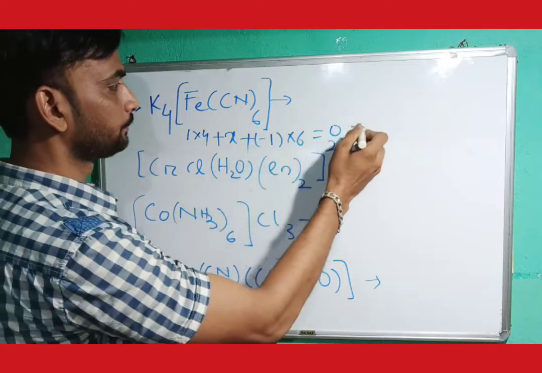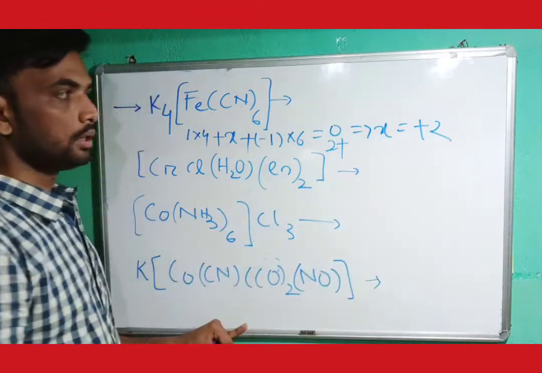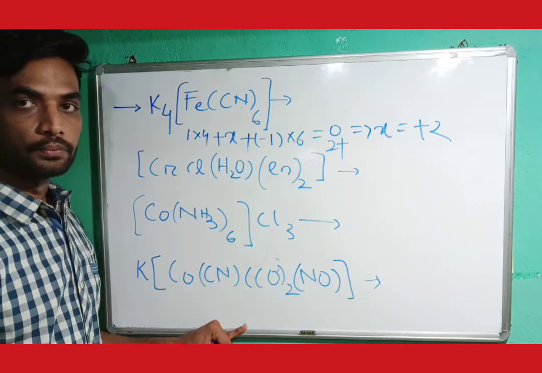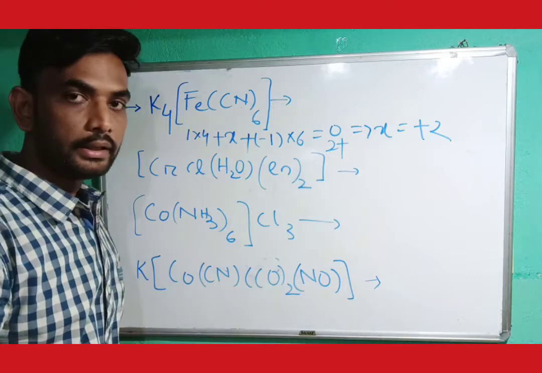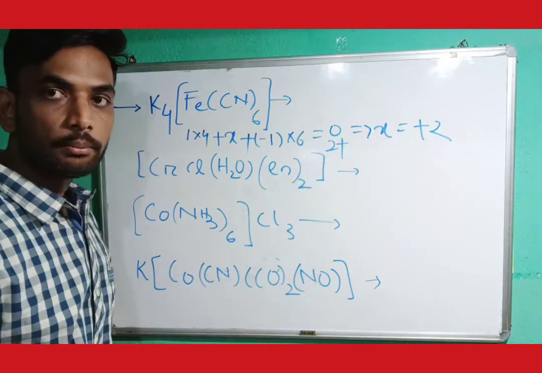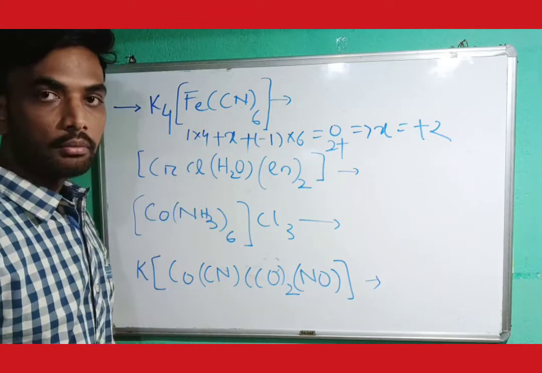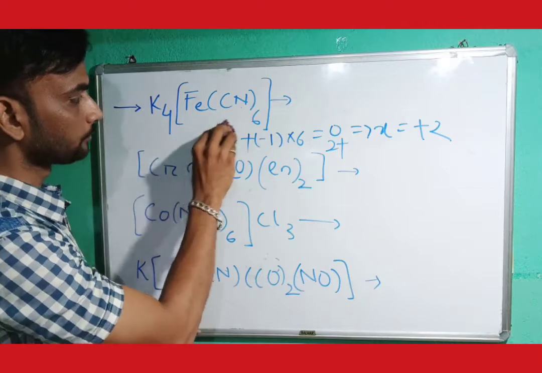That implies X is equal to plus 2. Clear? So before we write the IUPAC name, you should calculate the oxidation number of the metal atom in the respective complex.